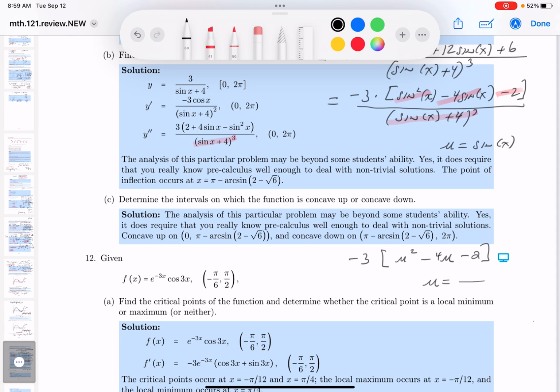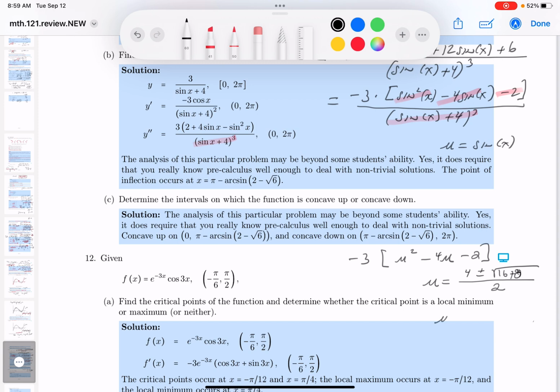U equals twice the a, the coefficient is 1. Opposite of the b, 4, plus or minus the square root of b squared, which is 16, minus 4 times the a, which is 1, and times the c, which is minus 2. So it's going to be plus 8.